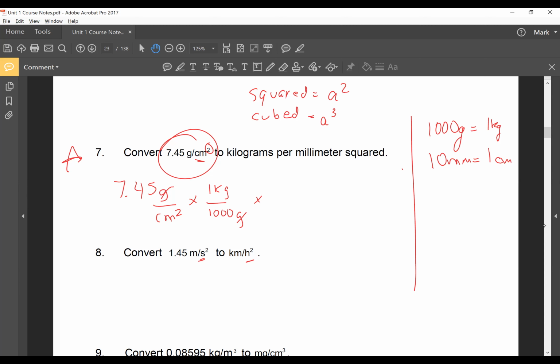So 2 dimensions and 3 dimensions. This is definitely something we'll talk about a little later. So what we have to be careful with here is I need to change my centimeters squared into millimeters squared. So what I do is I also square these numbers.